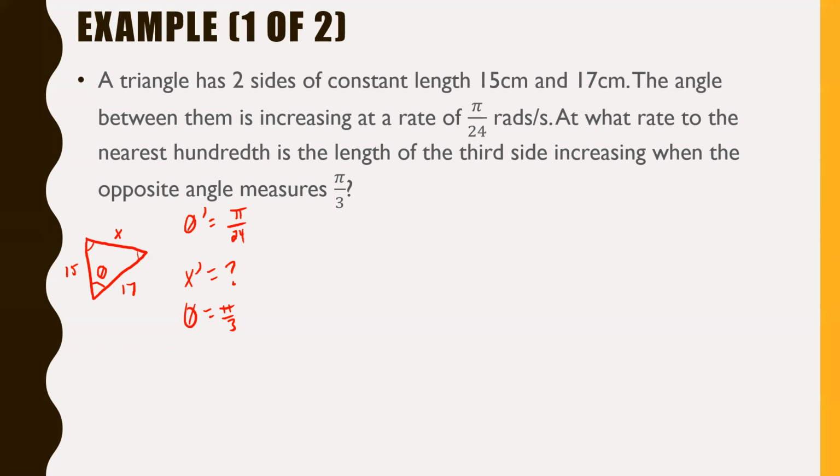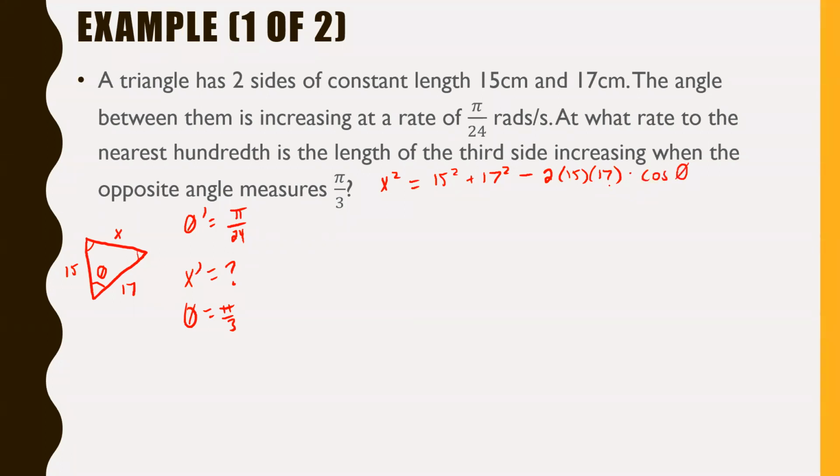We need to use cosine law because this, another way of saying it, is an SAS triangle, side, angle, side. So cosine law is going to be coming into play here. Cosine law is going to say that x squared, our opposite side all on its own, equals the other two sides squared added together, so 15 squared plus 17 squared, minus 2 times 15 times 17, multiplied by cosine theta.